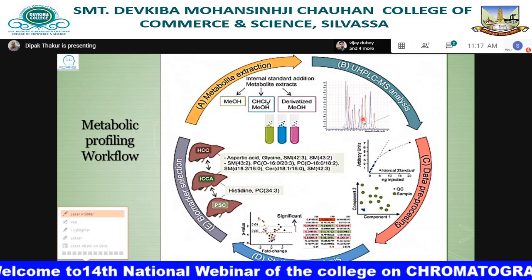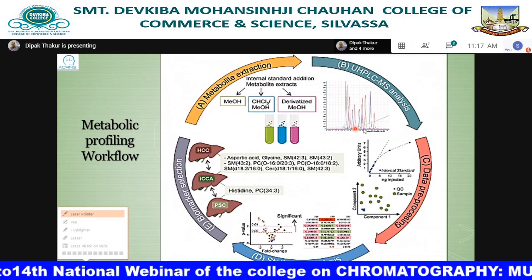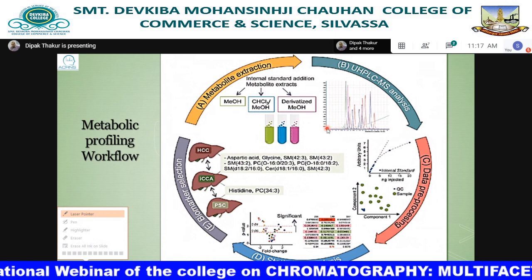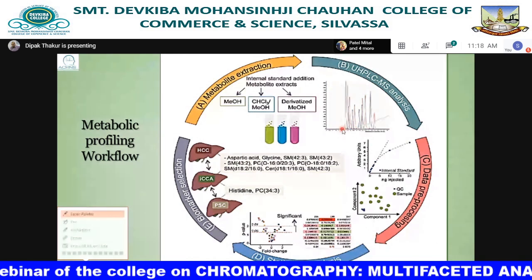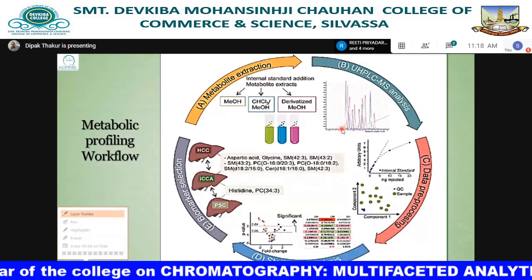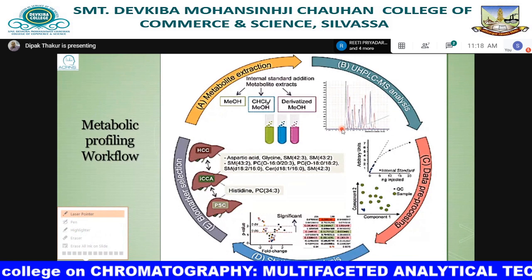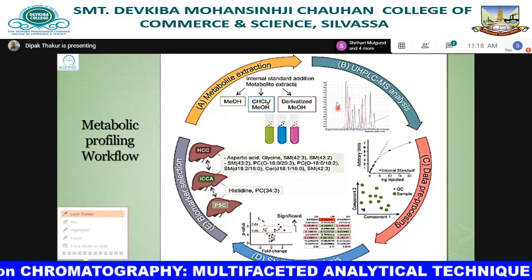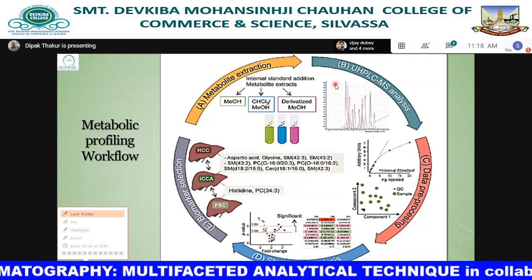So I'll show you. In this chromatogram, the x-axis is time and the y-axis is the intensity. But at every moment, the mass spectrometer is profiling the content and plotting the intensity versus mass to charge ratio.